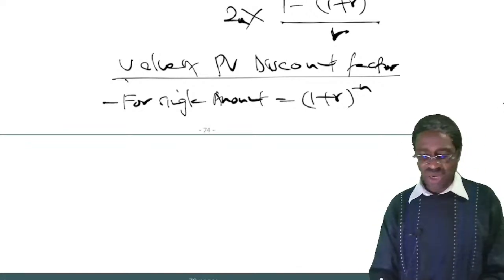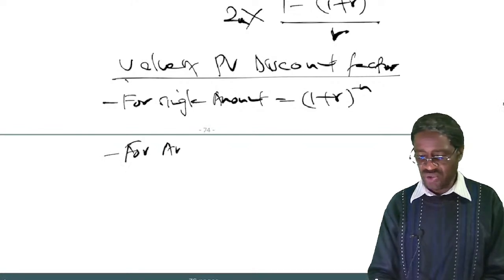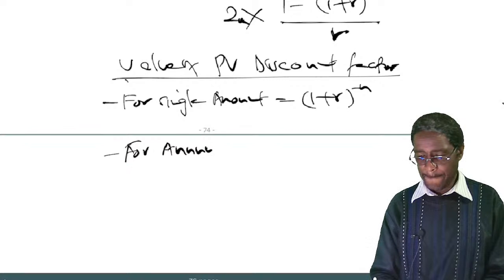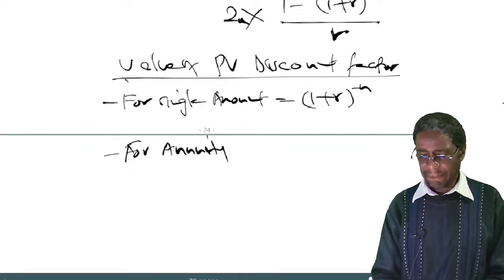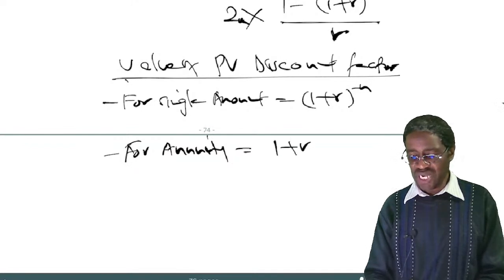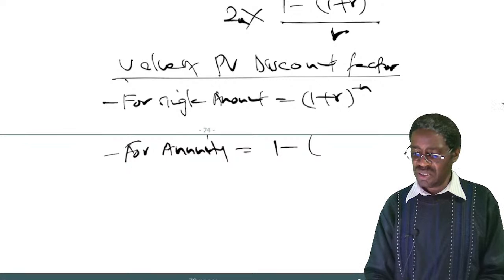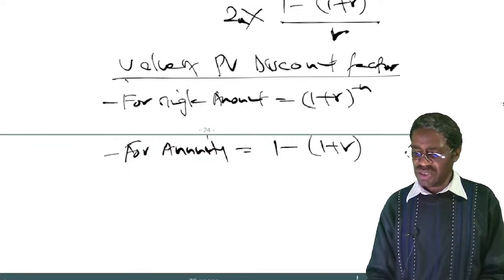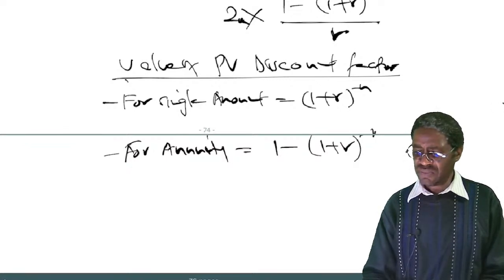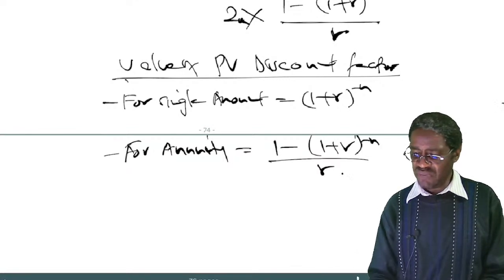Okay. Then you say for annuity. What's the formula? It is 1 plus R. No, sorry. It is 1 minus 1 plus R to the power of negative N, everything you divide by what?